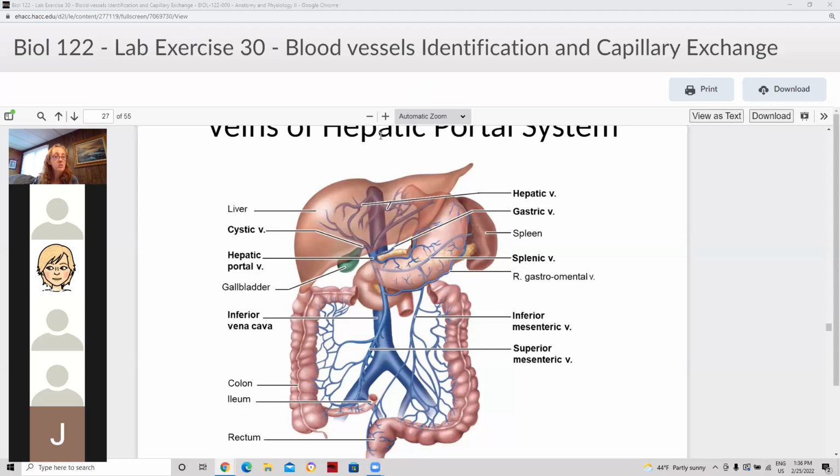It's essentially going to clean up the blood before you move it into the heart.